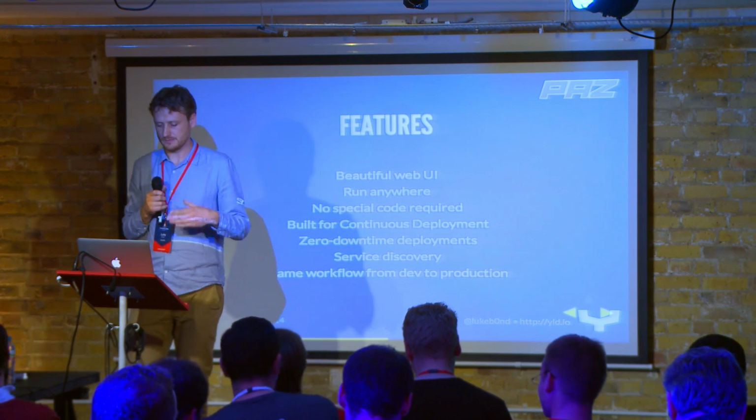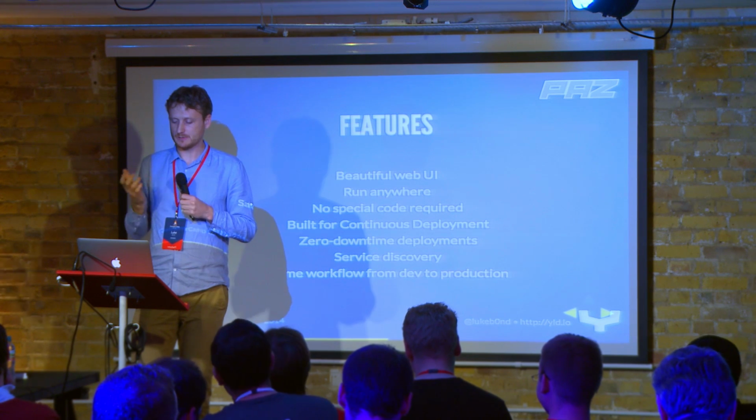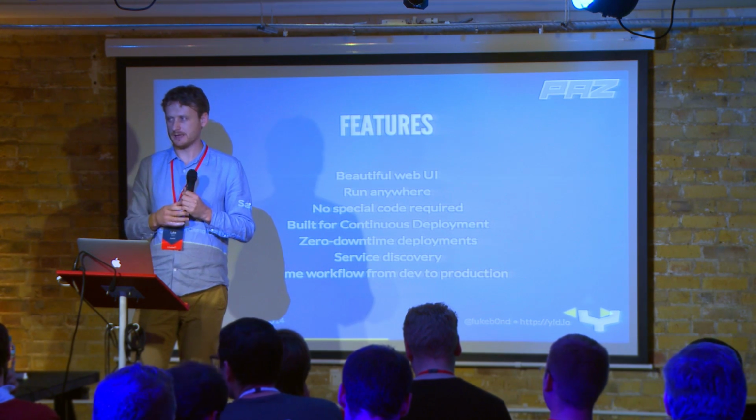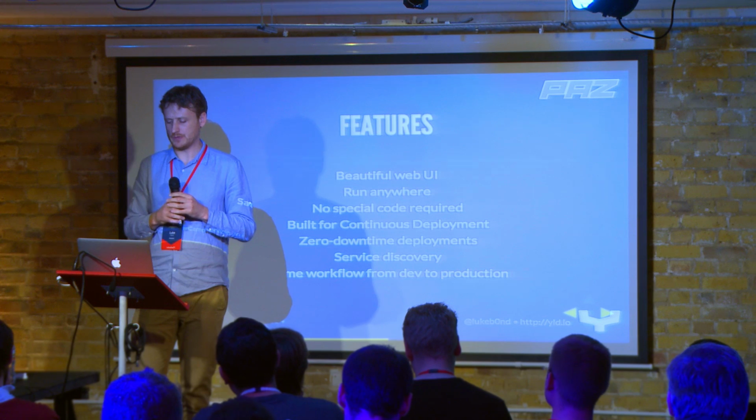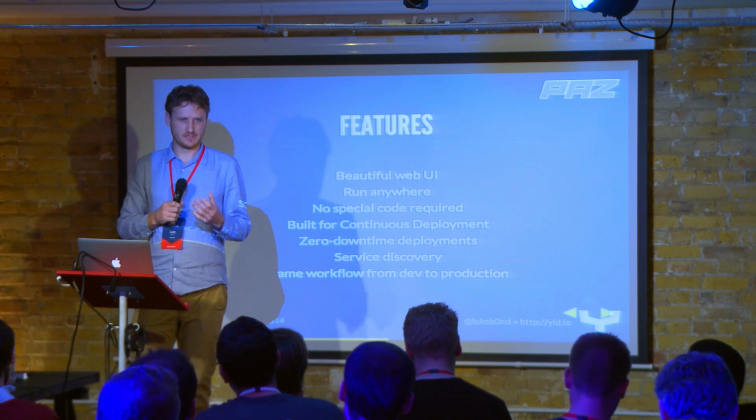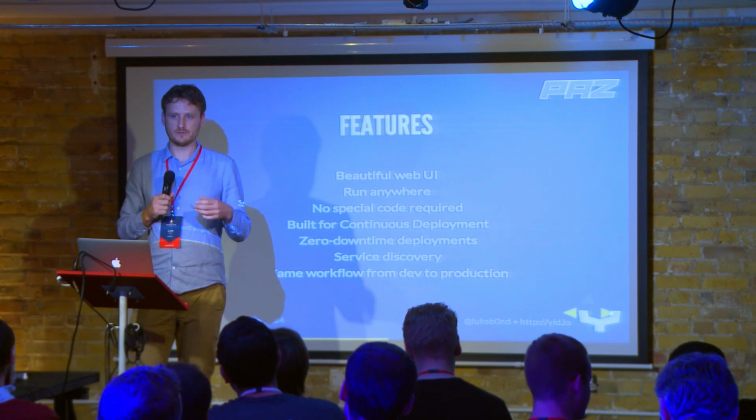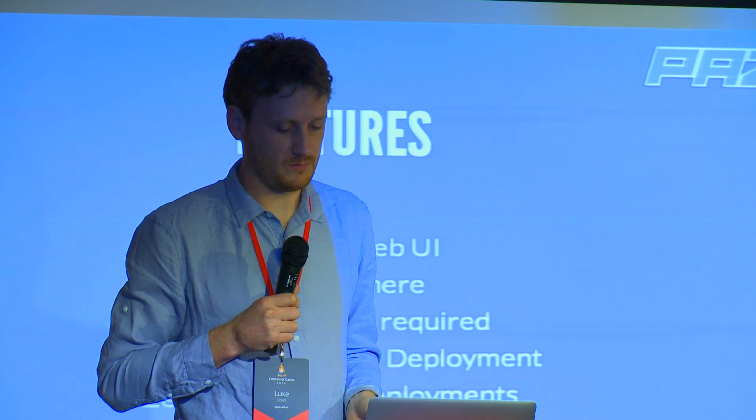So that's all integral, really. And key to what PaaS is, just like continuous deployment, is having the same workflow from dev into production, so that when you're working in dev, you're doing your continuous deployment there, and your code isn't taken somewhere by someone else and deployed. You're doing the same thing. It reduces the friction in your deployment workflow.